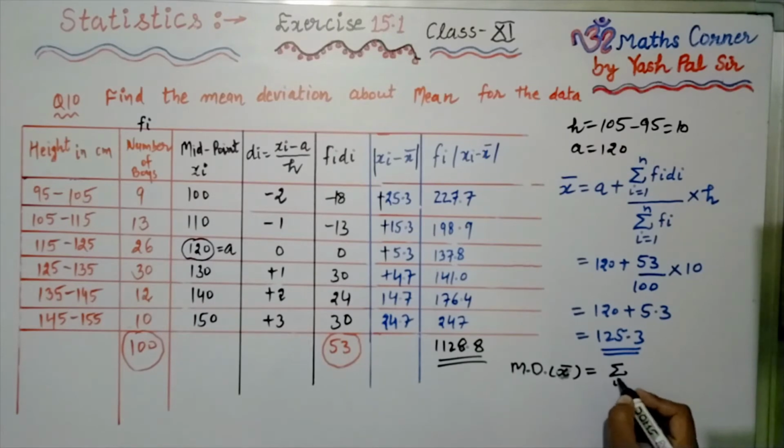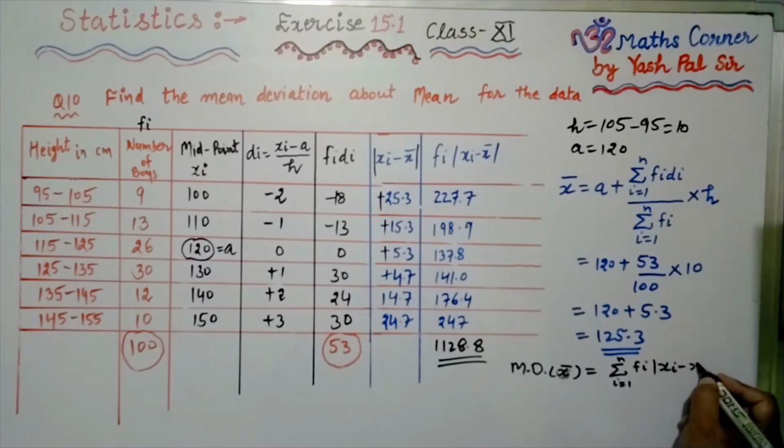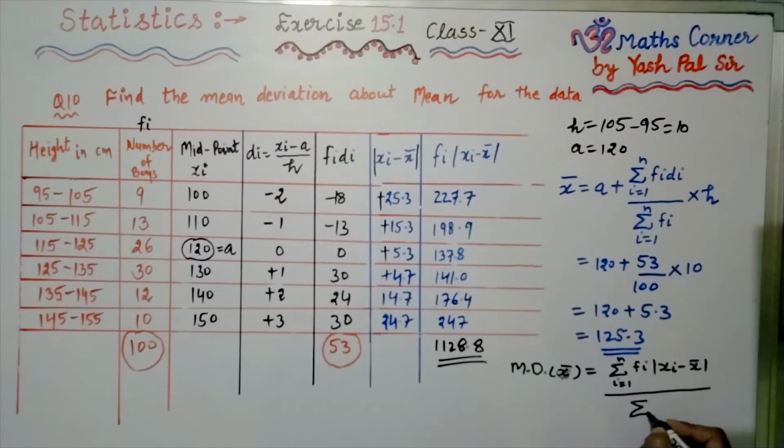Right? Now we write the formula for finding mean deviation about mean x bar. This is equal to summation i equal to 1 to n of fi into modulus of xi minus x bar, divided by summation i equal to 1 to n of fi.